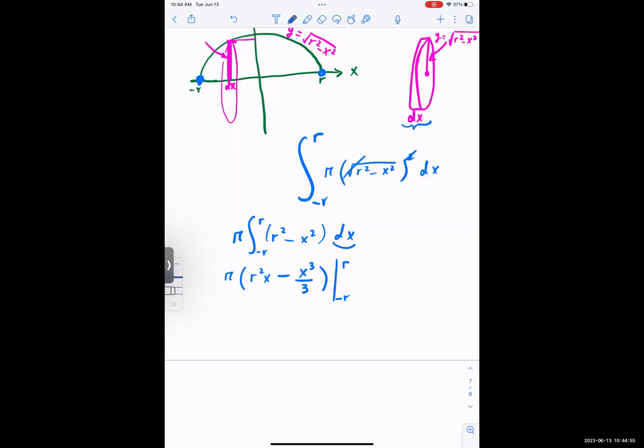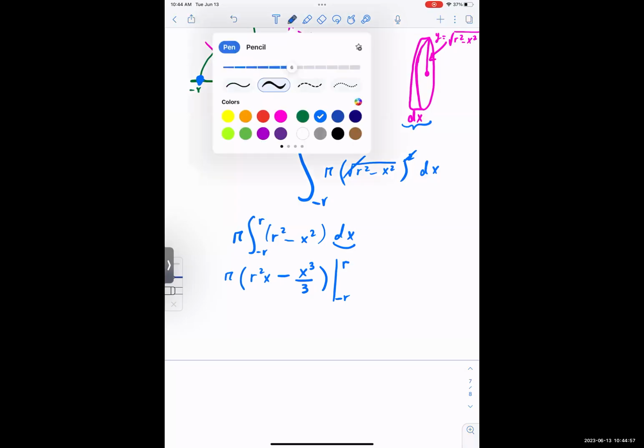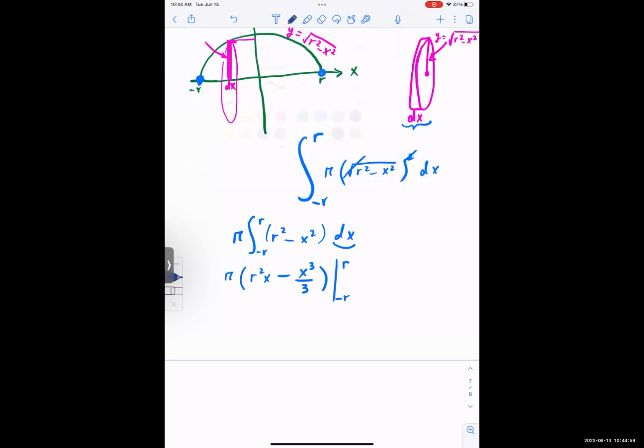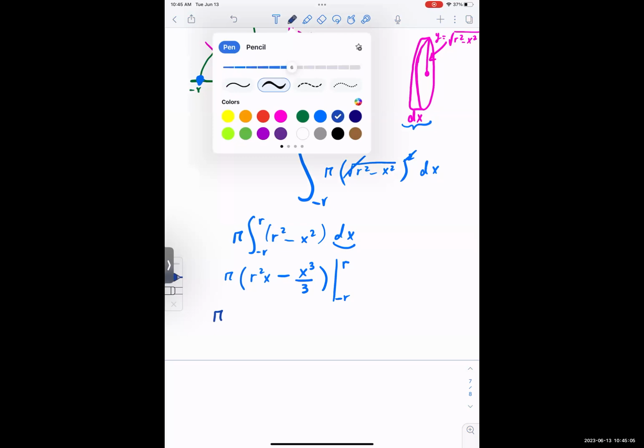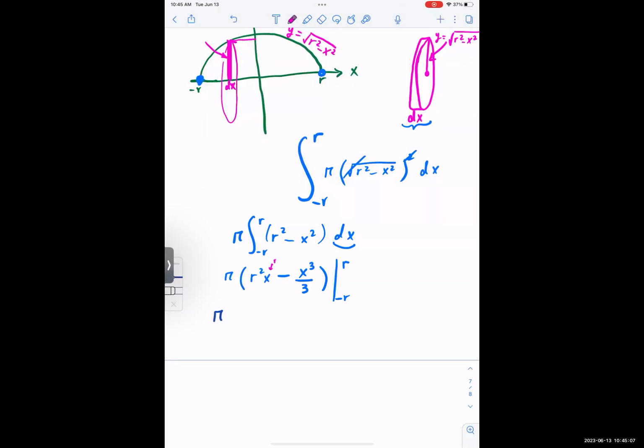Okay. So that's pi, replacing x with r in here. So it's pi times r cubed minus r cubed over 3.